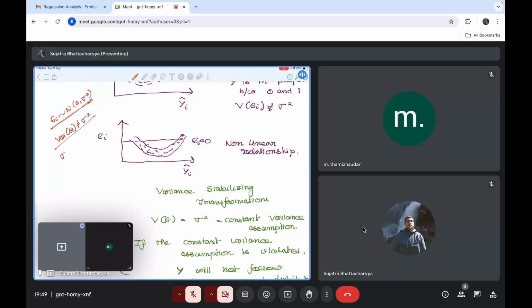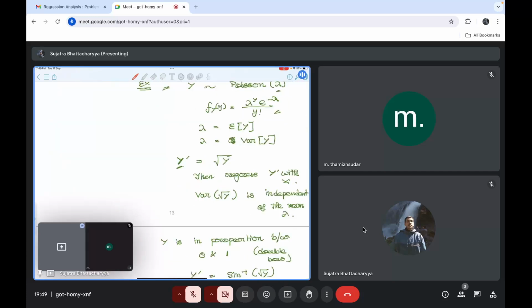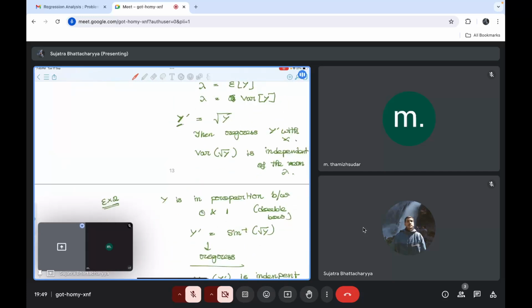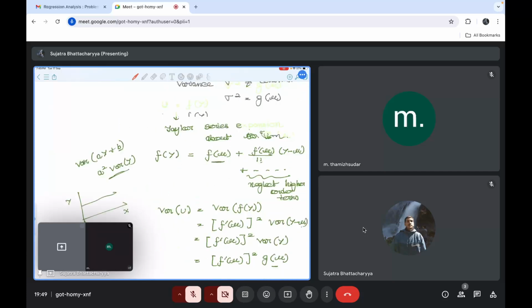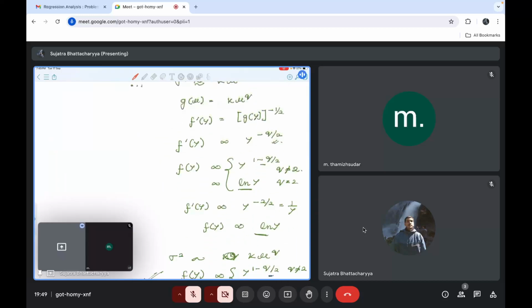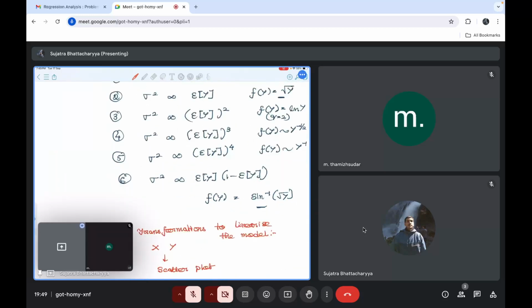But if we know that this sigma square is proportional to mu, in some way it is related to mu, so k into mu to the power q, if this kind of thing happens, then we can transform the y into some functions so that we can make the variance constant. And this is what everything is done for that. We have listed when this kind of thing happens.